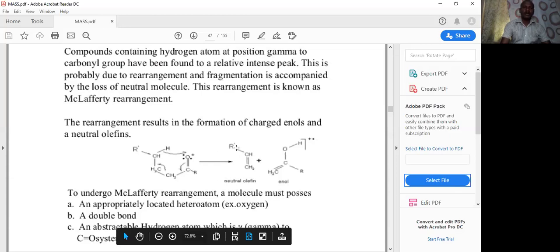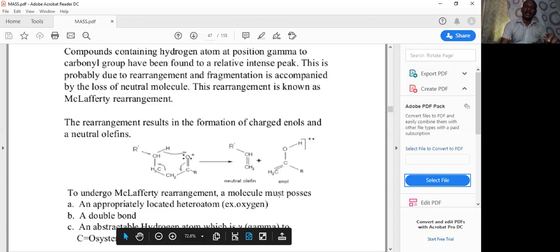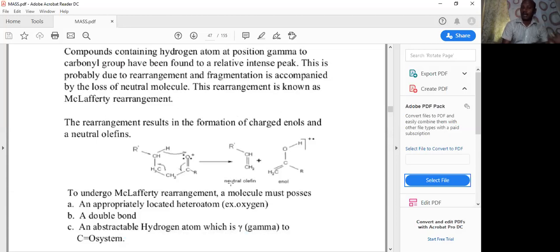So one part of the molecular ion will be eliminated as a neutral molecule. For McLafferty rearrangement to happen, the molecule should have the gamma hydrogen. If we have a gamma hydrogen, then the migration of the hydrogen happens, and one part of the molecular ion will be eliminated as a neutral molecule.